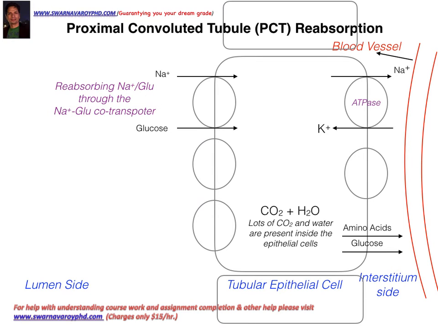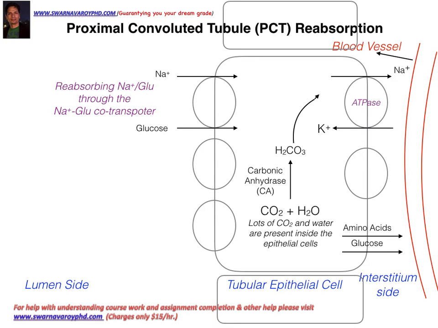Now, inside the epithelial cell, we have plenty of carbon dioxide and plenty of water. And these combine with each other with the help of a special enzyme known as carbonic anhydrase, abbreviated as CA, and form carbonic acid, H2CO3.